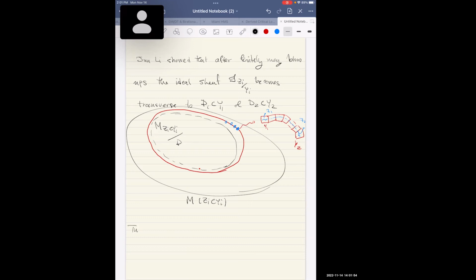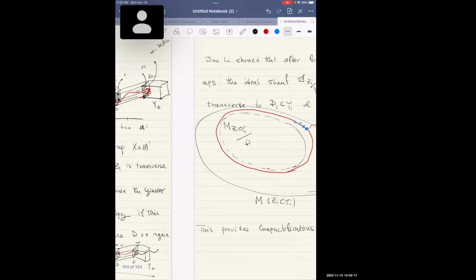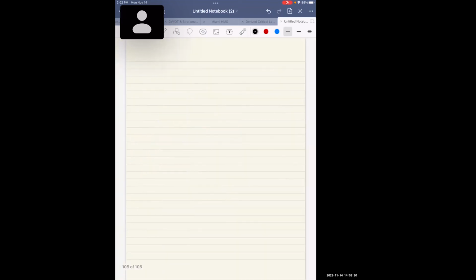So this provides compactifications M bar of Zi inside Yi with the relative condition to D. Okay, so if I have the original moduli space of Z inside X, I'm degenerating it first to M of Z1 inside Y1 with relative condition along D, and M of Z2 inside Y2 with relative condition along D.